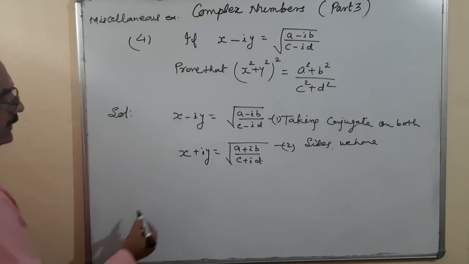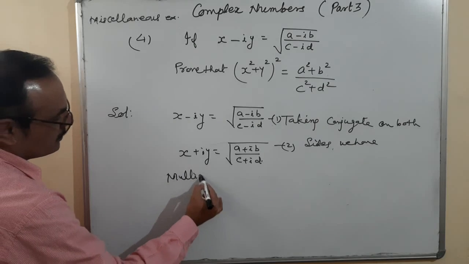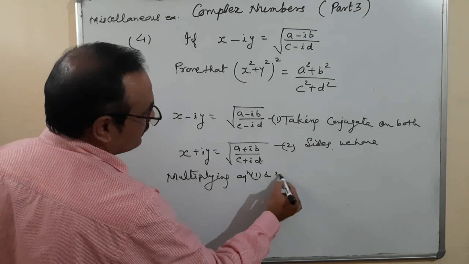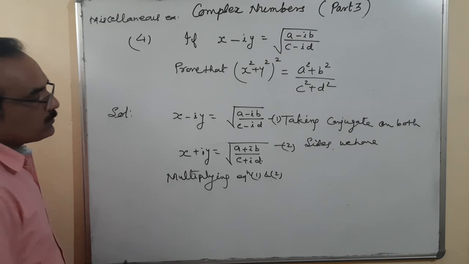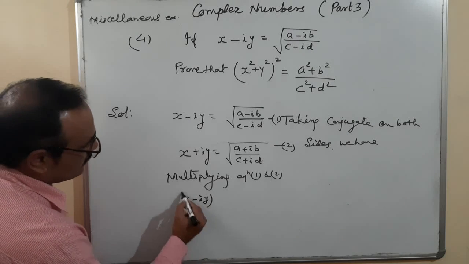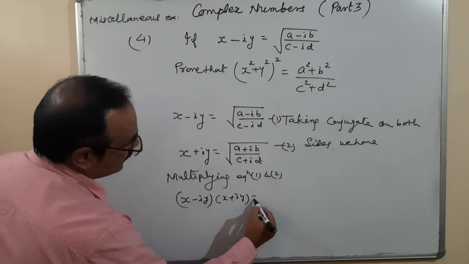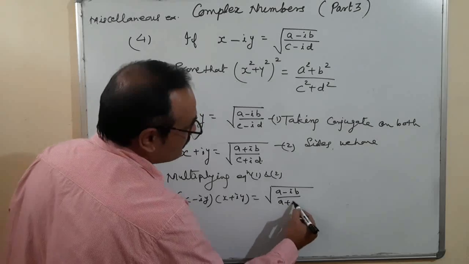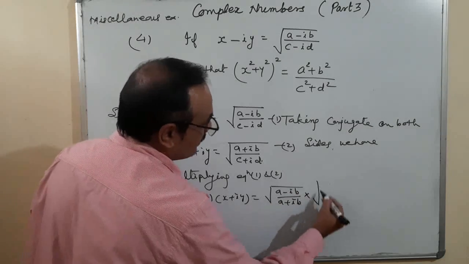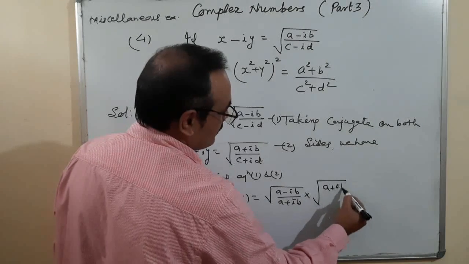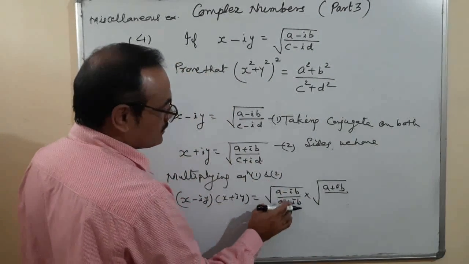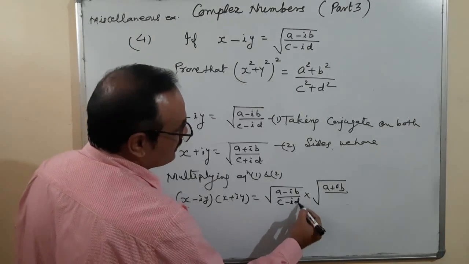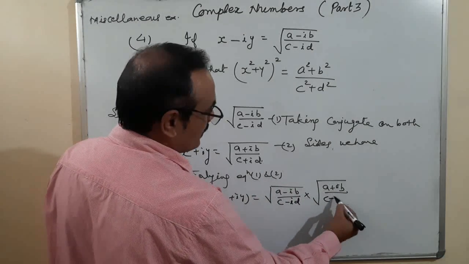Multiplying equations 1 and 2. When we multiply, x minus iy multiplied by x plus iy is equal to under root of (a minus ib upon c minus id) multiplied by (a plus ib upon c plus id).